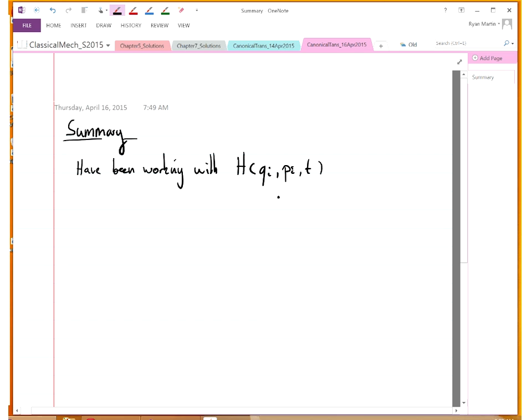We call these q's and p's canonical variables, and they obey the equations of motion given by Hamilton's canonical equations.